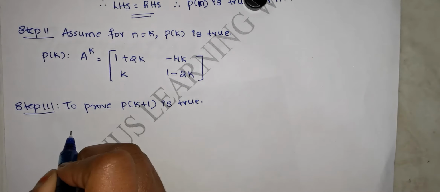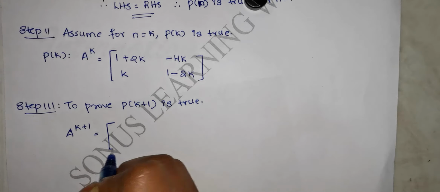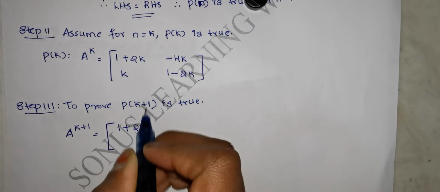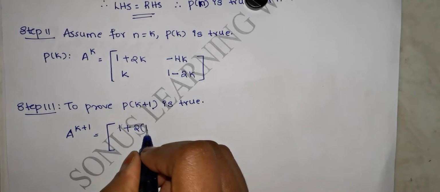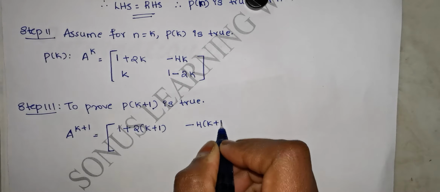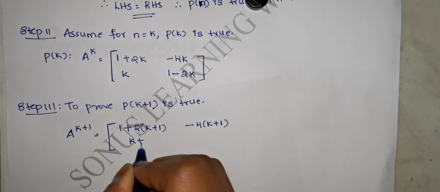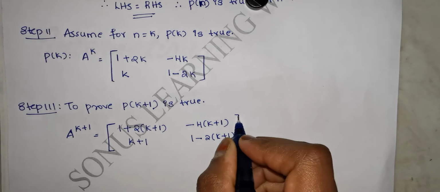P of k plus 1 means A raised to k plus 1 is equal to [1+2(k+1), -4(k+1); k+1, 1-2(k+1)], where instead of k we are substituting k plus 1.